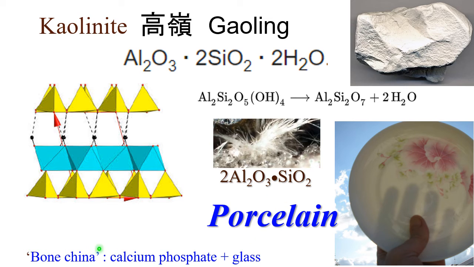So for a cheaper, similar product, we use so-called bone china, using calcium phosphate plus glass. This is not porcelain itself, but some qualities resemble it, and most commonly we use this for kitchenware.